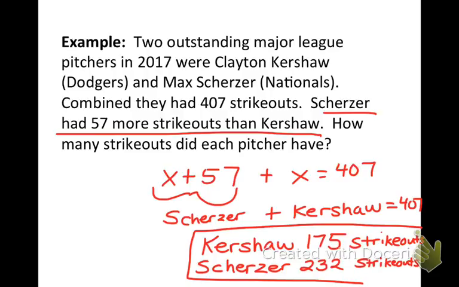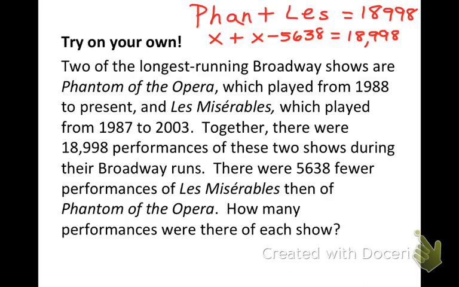About Broadway musicals. If you are stuck, you can go ahead and look at the front board. So your Phantom performances plus your Les Miserables, is that how they say it? Les Miserables.